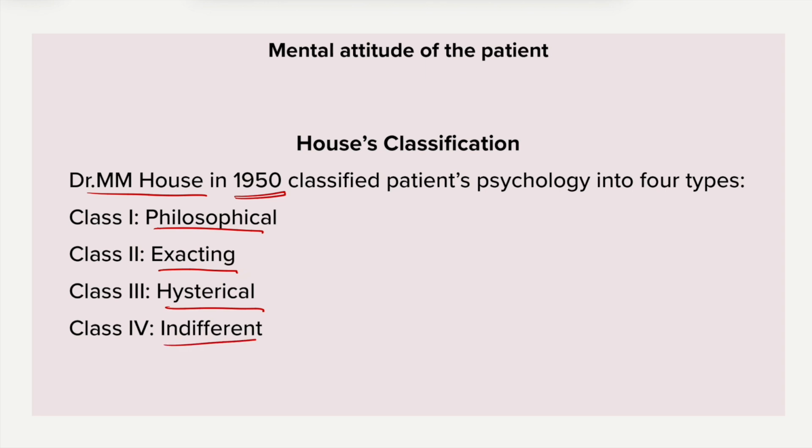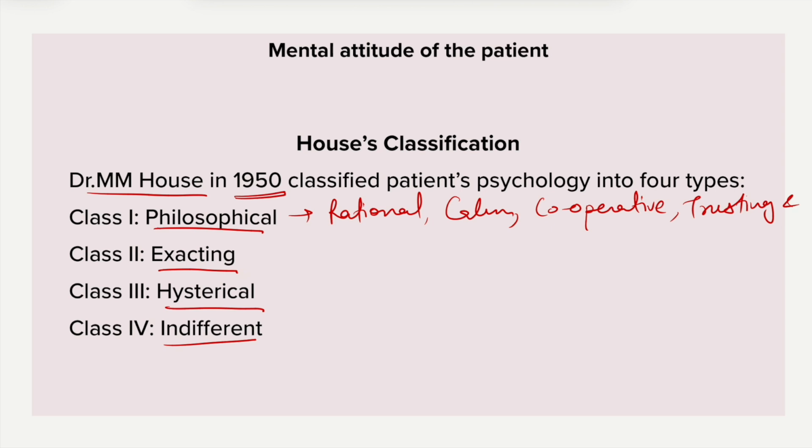The physiological patients are more rational, calm, cooperative, trusting, and emotionally stable. Okay, they understand the complete dentures are artificial substitutes and have limitations. Prognosis in such patients is excellent. These patients usually adapt well to the treatment.